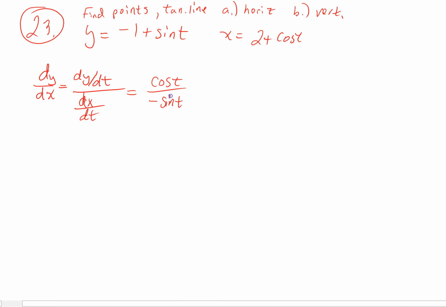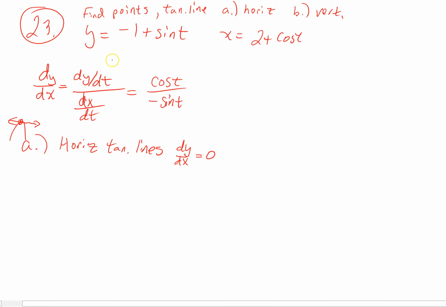Now, I think it's very tempting to say, oh, let's write that as negative cotangent of t, and we certainly may do that. However, when we're trying to find horizontal tangent lines, and I know we've dealt with that time and time again, that's where dy/dx is 0.